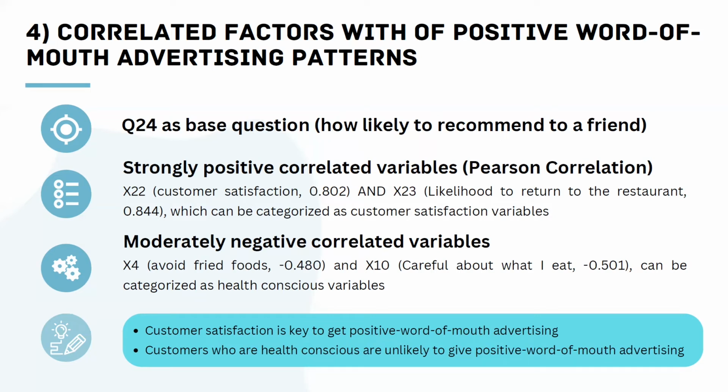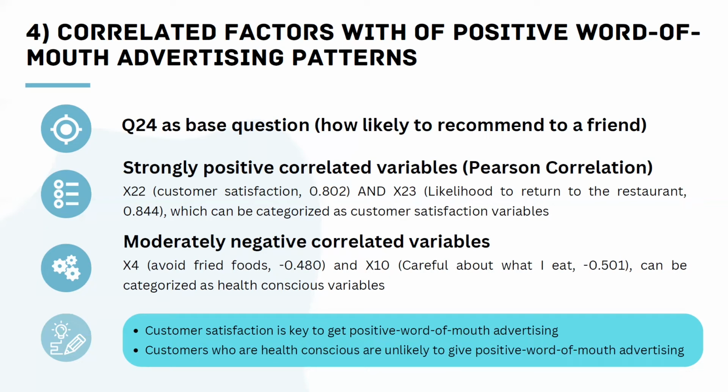The customers who are satisfied have a tendency to return frequently, and most likely they would go ahead with spreading positive word of mouth, which could improve the sales of the restaurant. In X22, people with a rating of above 5 were more likely to recommend it to a friend, as we could see in the SPSS output.